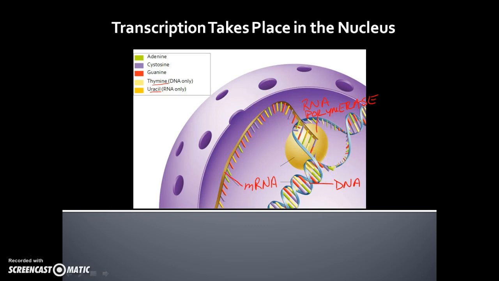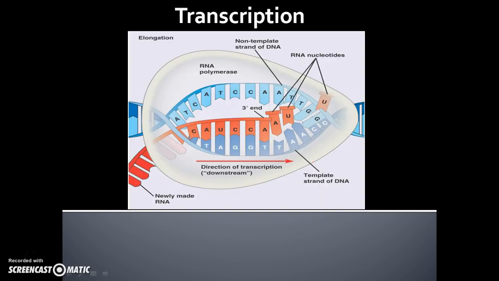So we're going to transcribe a piece of DNA into messenger RNA. Here's transcription again. We have our RNA polymerase, this big molecule here, and really it does the work of several enzymes that we had in replication.